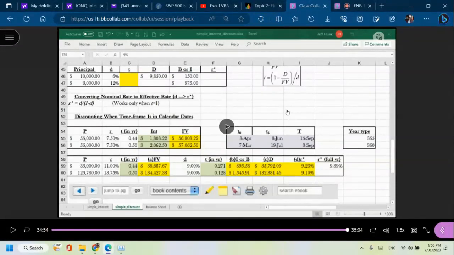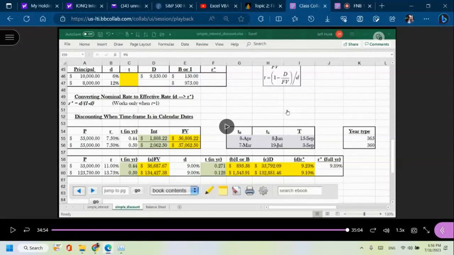However, most small businesses are very tight with cash flow, so they cannot hold it to maturity. So they will generally factor it and just cash out in advance.